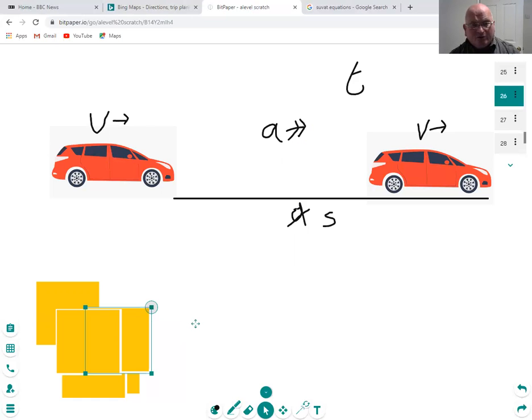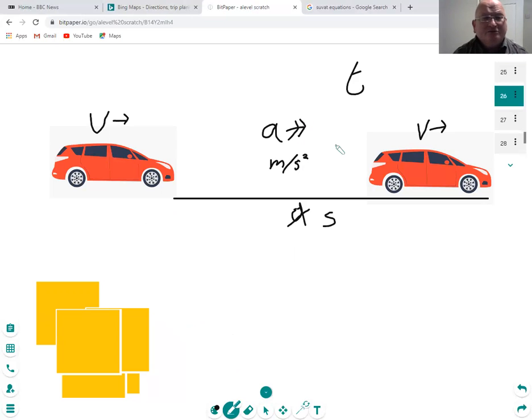Acceleration is measured in meters per second squared. The units do work out if you're doing the sum. Meters per second is the speed or the velocity, and then you divide that again by the time that the speed has been changing.